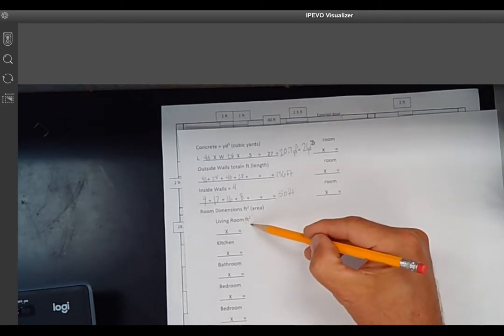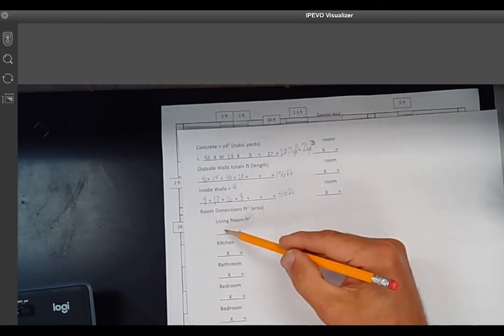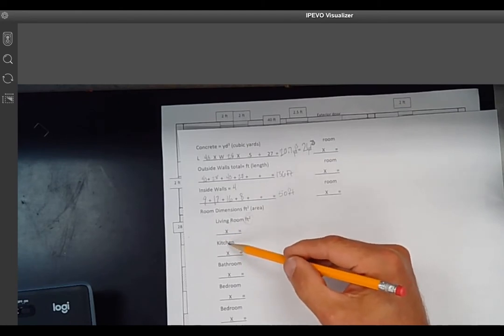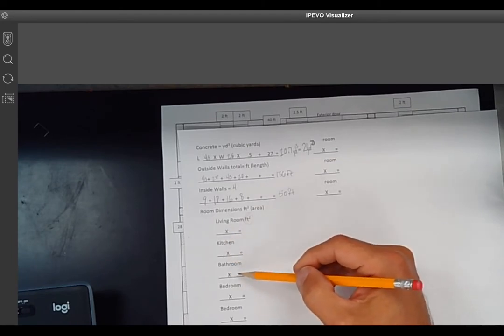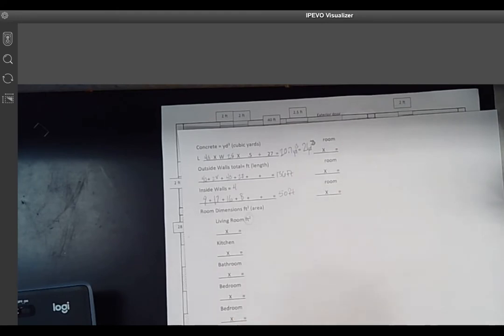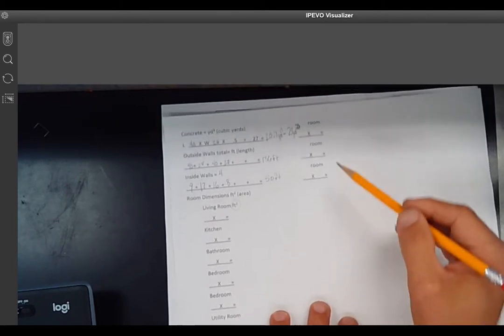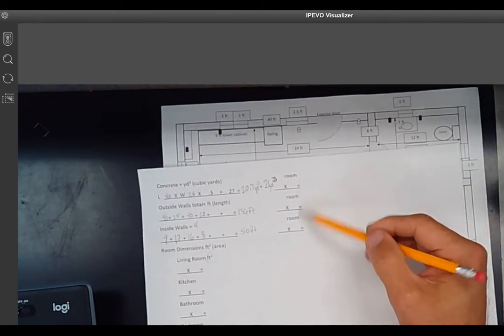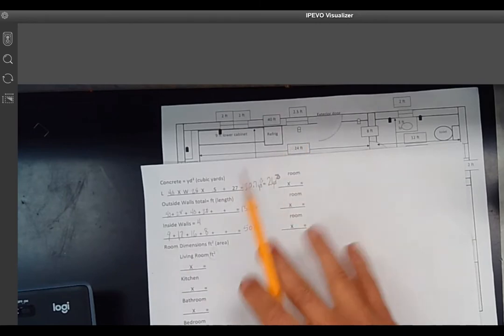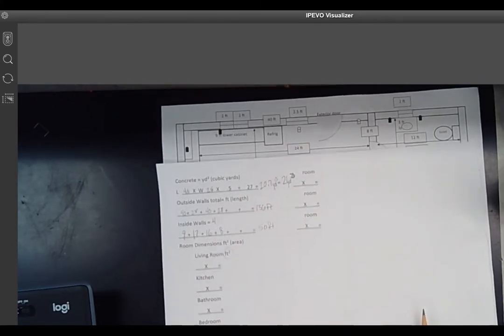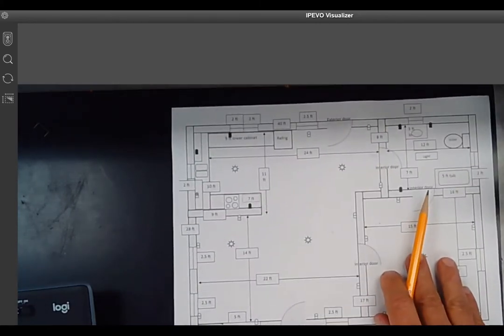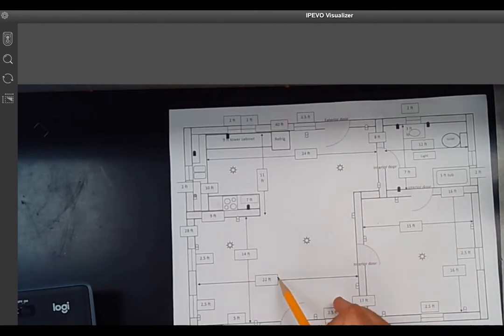Now, the next calculation you're going to do are areas. Notice these are in feet square. So living room is length times width. Kitchen is length times width. Bathroom and bedroom. Now, I've got extra rooms here for the same reason that we don't have a utility room in this. We don't have a second bedroom, and we don't have extra rooms. Your house may. That's why I put these in here, just to get you going. So let's do the living room measurement. Now, the living room measurement is 14 feet by 22 feet.